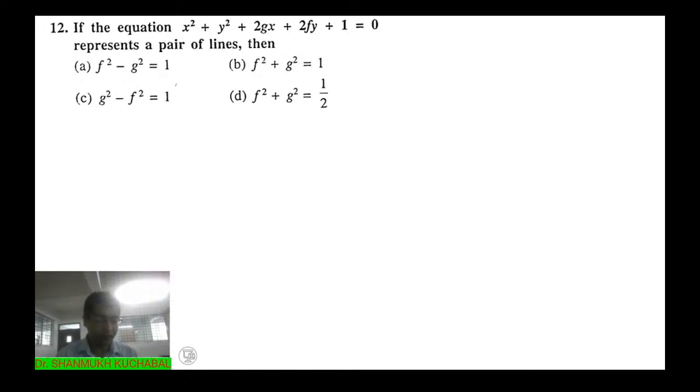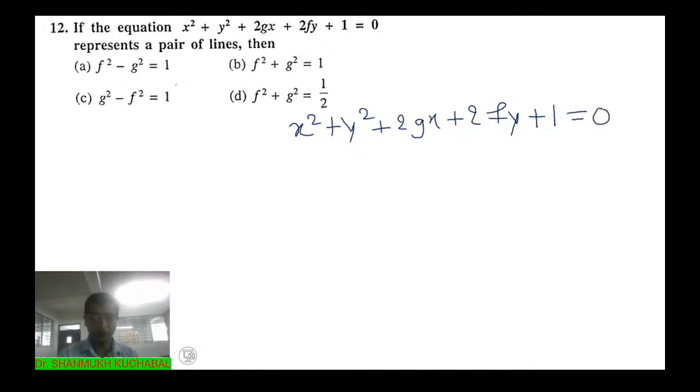If the equation x square plus y square plus 2gx plus 2fy plus 1 equal to 0 represents a pair of lines, then we have to write a relation between f and g. So the given equation is x square plus y square plus 2gx plus 2fy plus 1 is equal to 0.